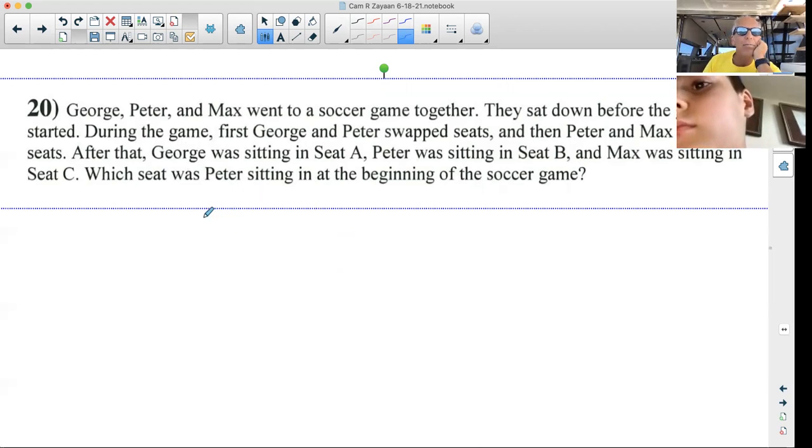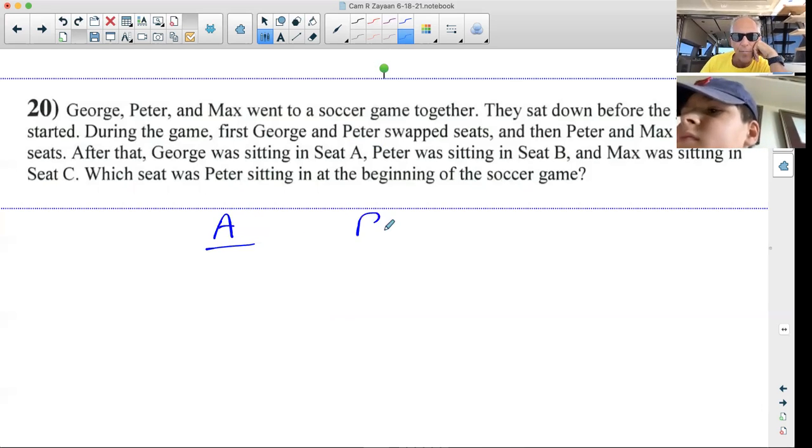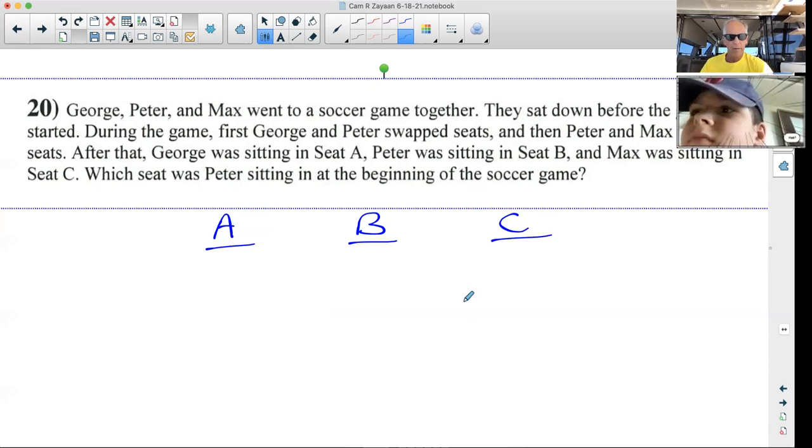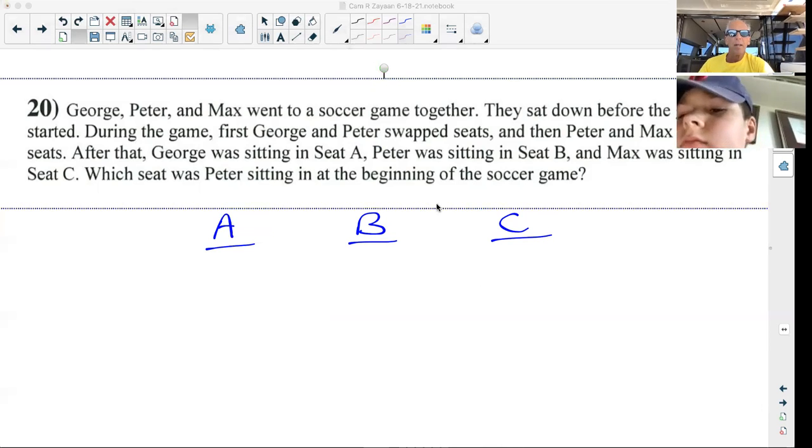So I'd like you to write down this information and figure out where Peter was sitting at the beginning. You might do an A, a B, and a C. And tell me what you think.